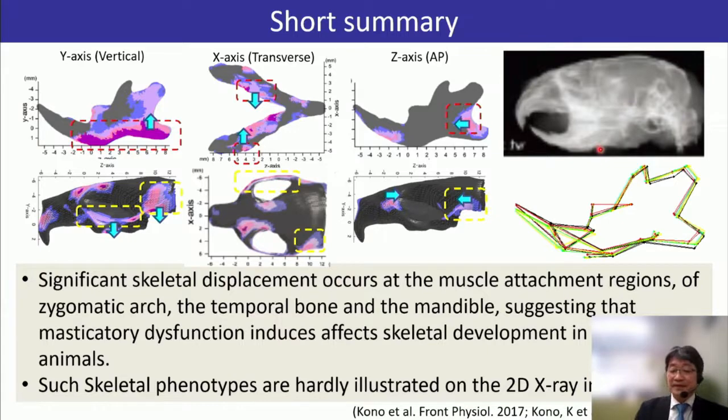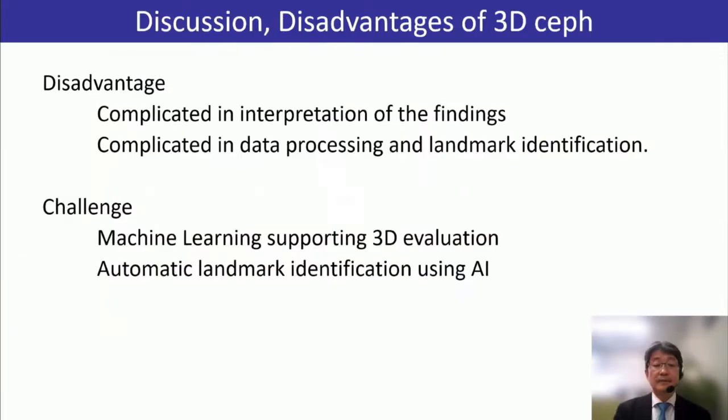And this is our summary. We have shown the great potential of 3D cephalometry in both humans and experimental animals. However, 3D cephalometry is very complicated in the interpretation of findings, in data processing, and in landmark identification.